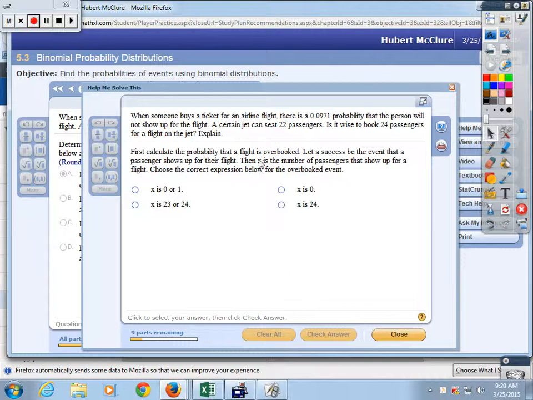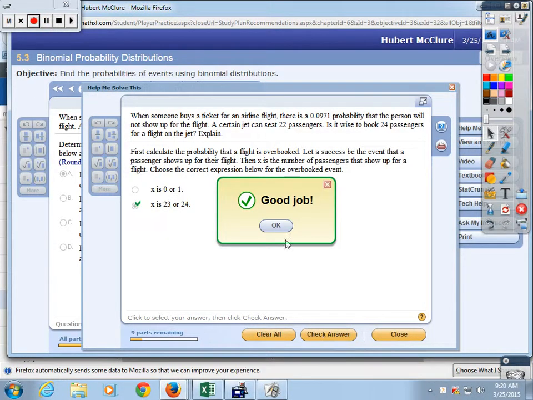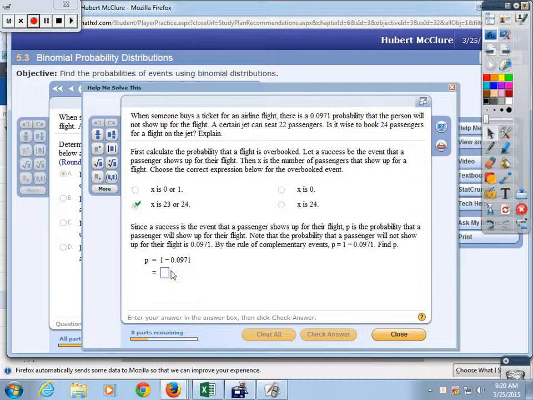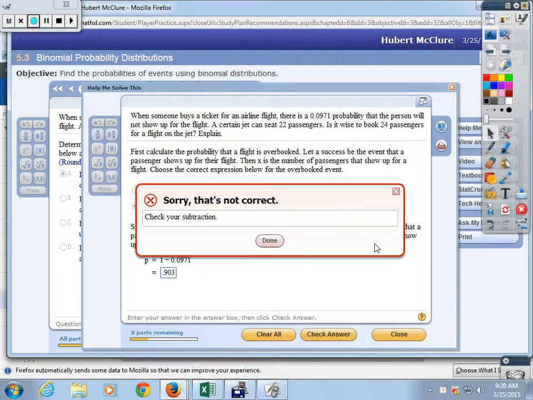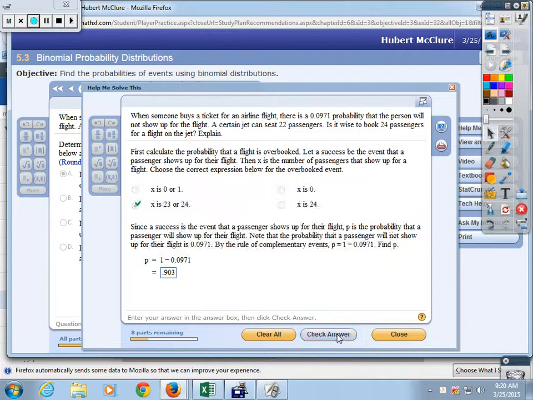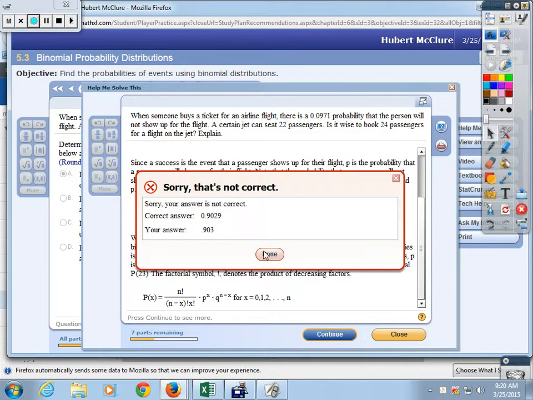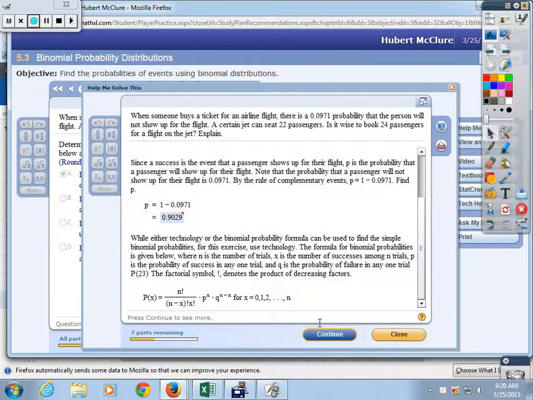First, calculate the probability that the flight is overbooked. Okay, X is 23 or 24. Well, we said that. And we did that. That's what I thought, 0.903, right? Okay, I'm sorry, 0.9029.